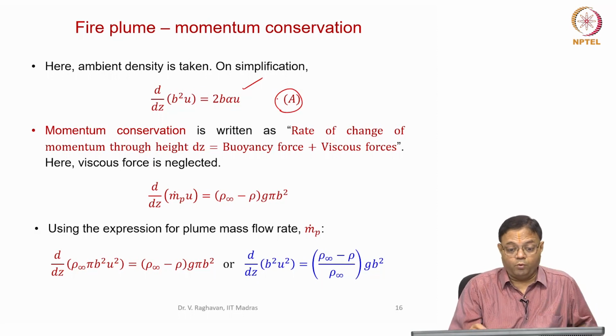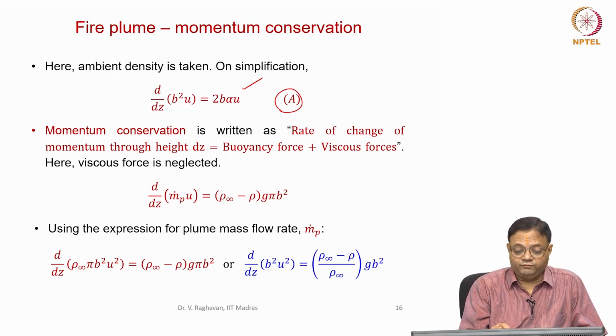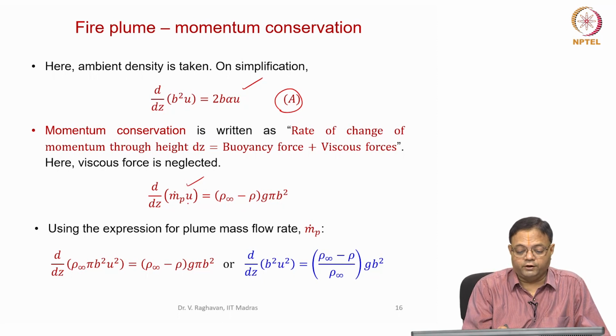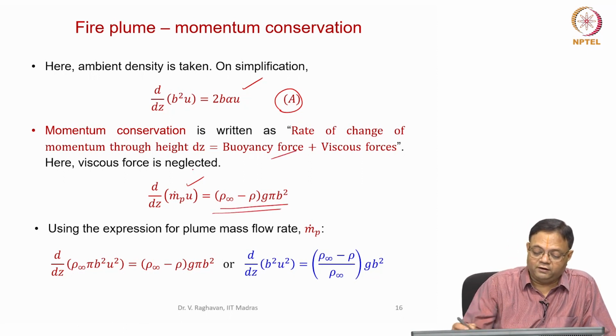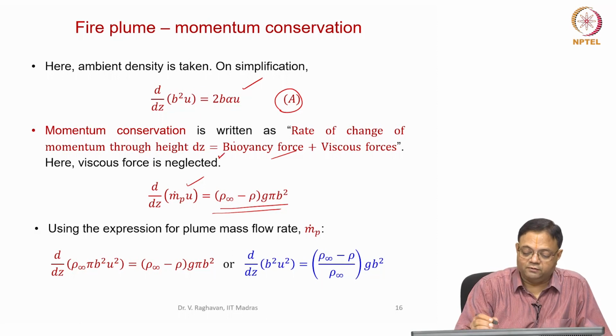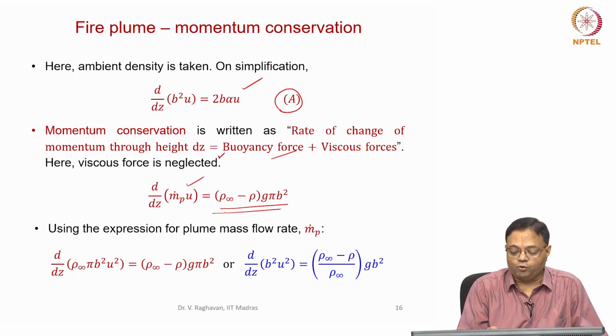Then we went to momentum conservation. The rate of change of momentum, that is mass flow rate into velocity with z, is equal to the buoyancy force. Again you can see that the viscous force is neglected. The buoyancy force, as I told you, arises due to the density difference between the ambient and the plume at a particular height, into g, into area.